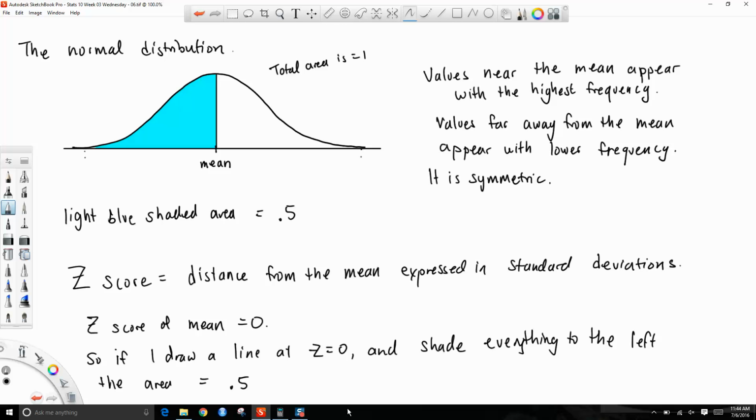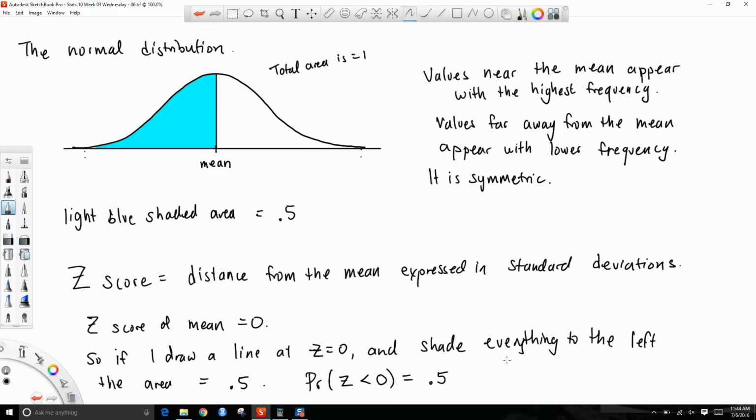Or another way I can write this is that the probability that I draw a z less than 0 is equal to 0.5. Is this okay?